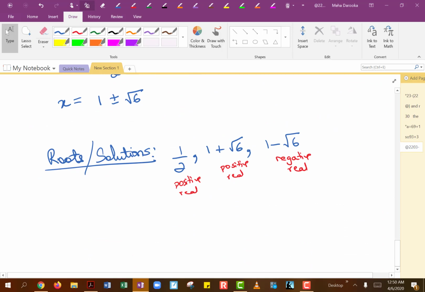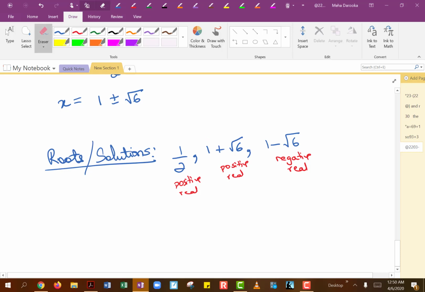If you just use your calculator, 1 plus square root of 6 is approximately 3.45. So this is approximately 3.45. So of course you can see that is between negative 2 and positive 4.